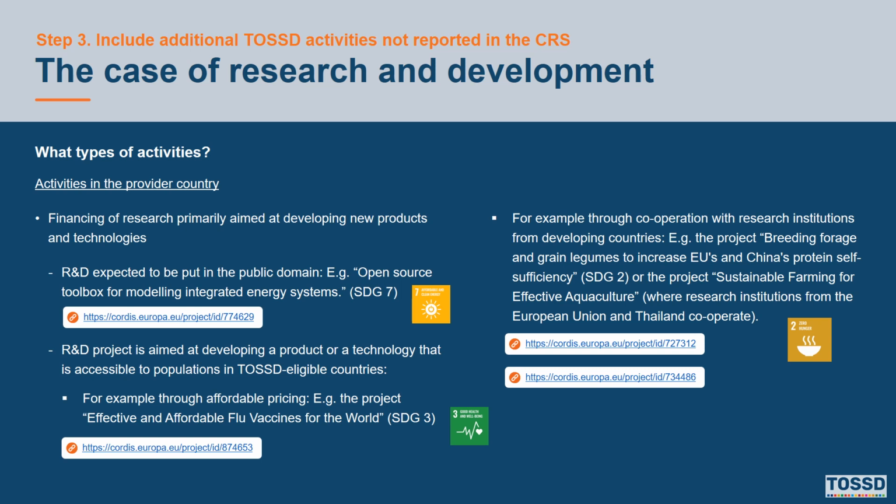An example would be the project Effective and Affordable Flu Vaccines in the World that supports SDG 3. Another possibility to ensure access is through cooperation with research institutions from developing countries. An example is the project Breeding Forage and Grain Legumes to increase EU's and China's protein self-sufficiency that supports SDG 2.